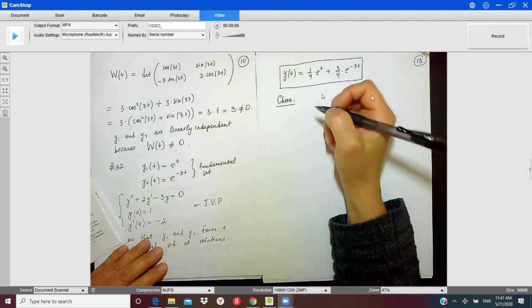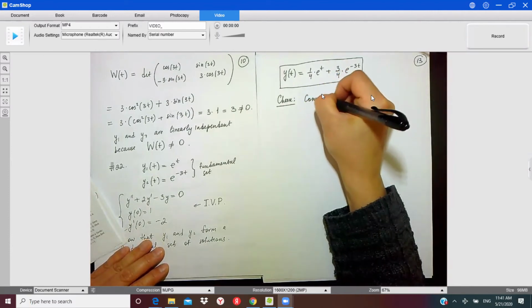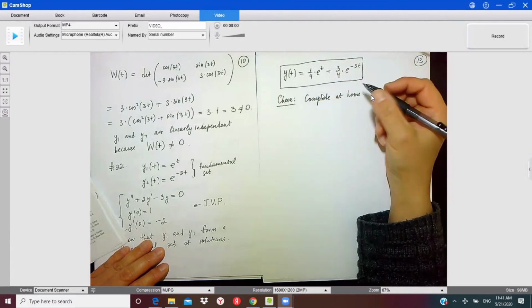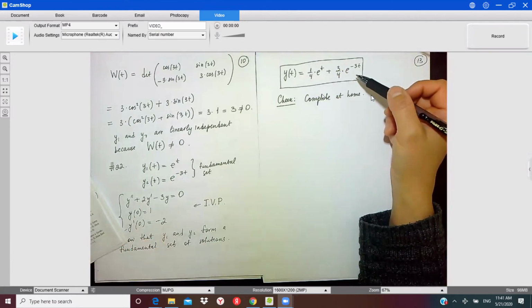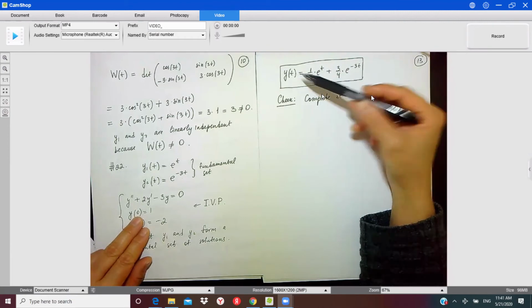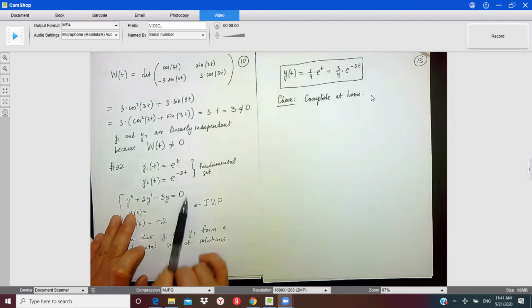So this will be section 4.1, complete at home. So again, there is always a way to check if this solution is correct, right? You would have to take derivative y prime, y double prime, plug everything into this equation and make sure you're getting 0, right?